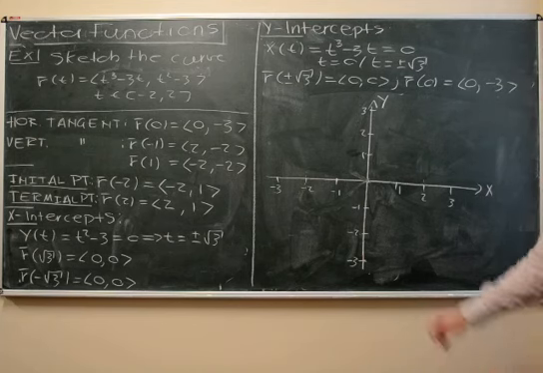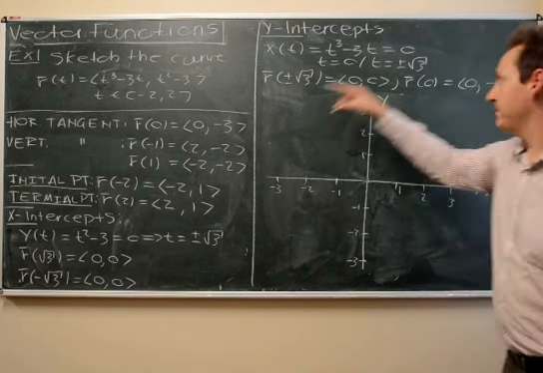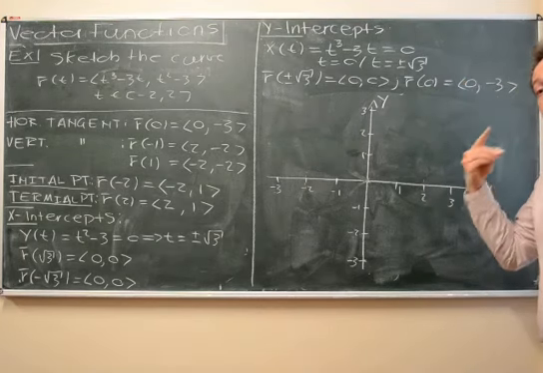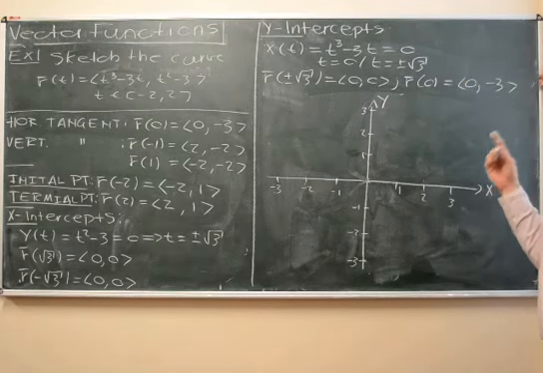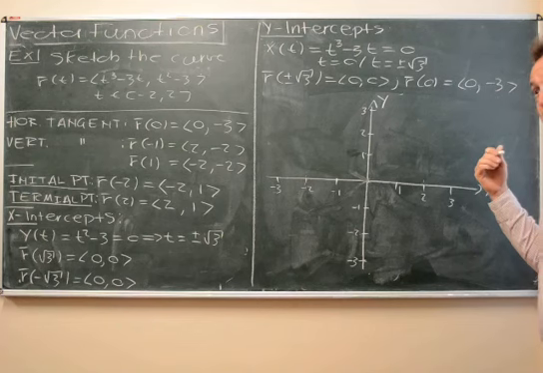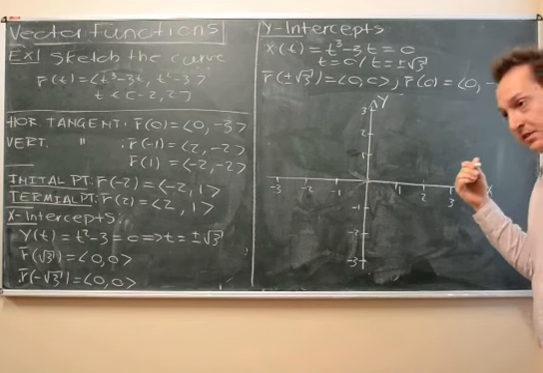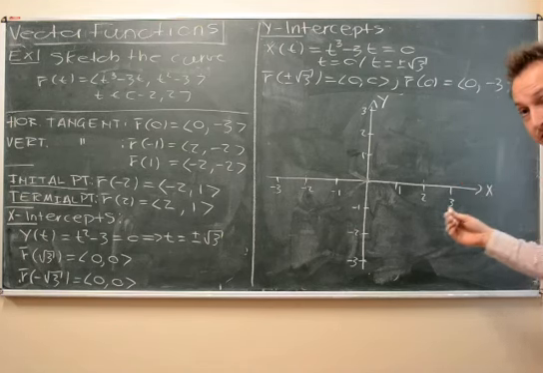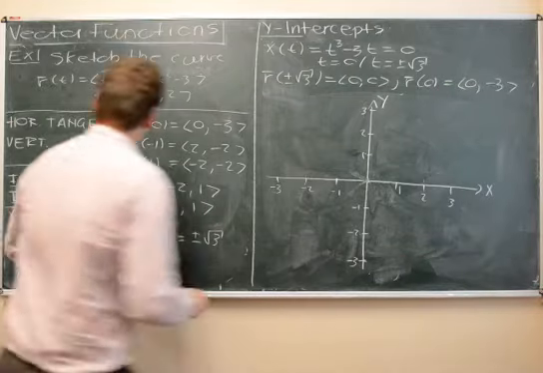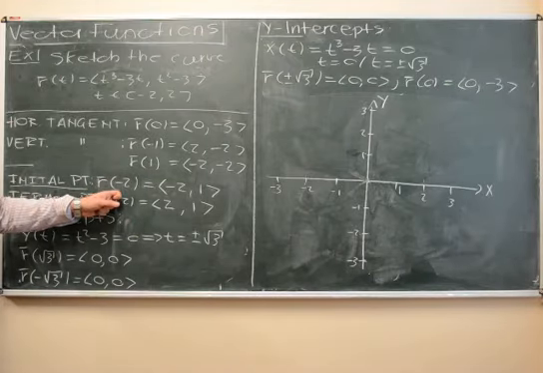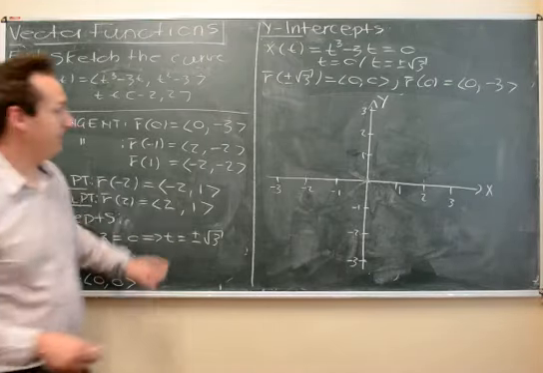What we have to do is plot all the points we found here, keeping in mind the values of t that give us those points, because we need direction on our curve. So we start with our initial point. r of -2 is the point (-2, 1).